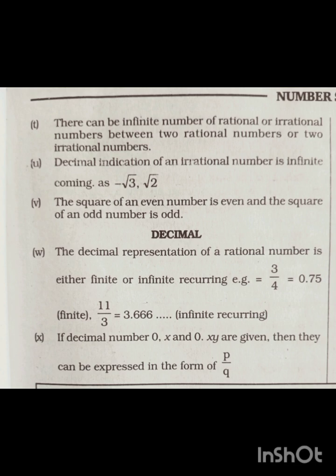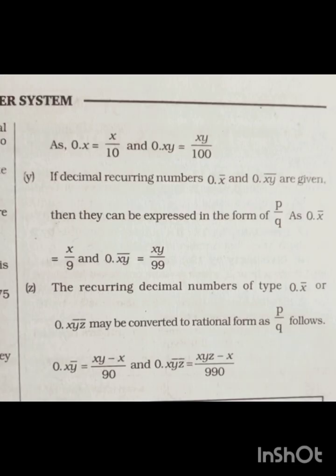If decimal numbers 0.x and 0.xy are given, then they can be expressed in the form of p by q, as 0.x is equal to x by 10 and 0.xy is equal to xy by 100.